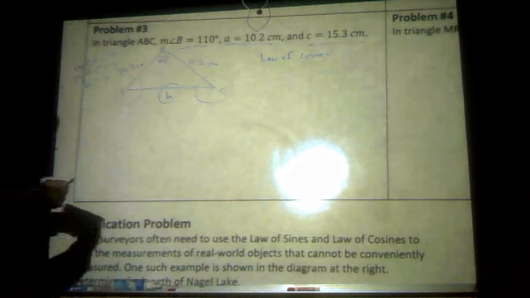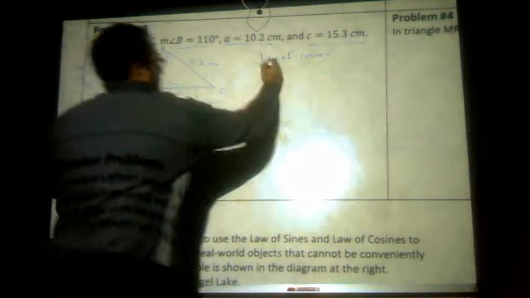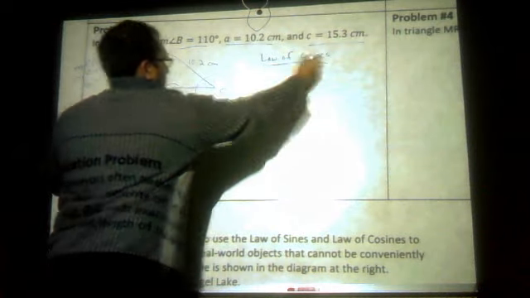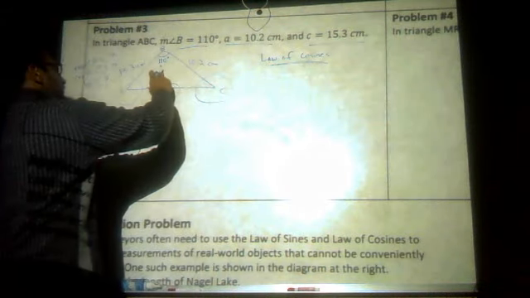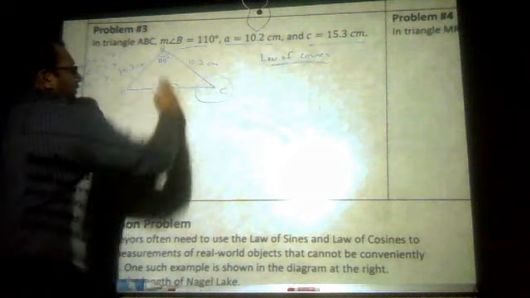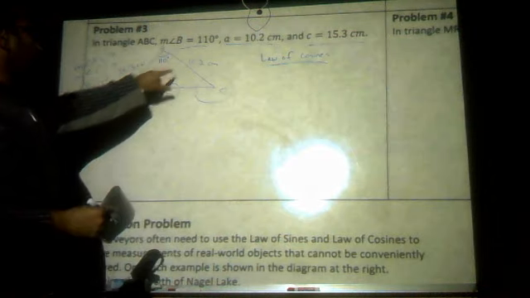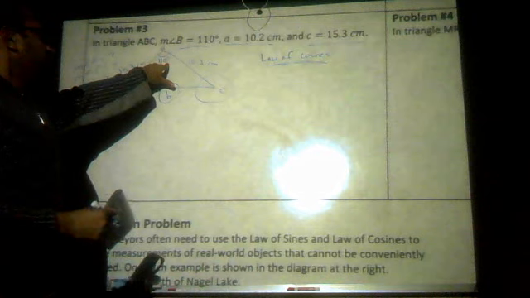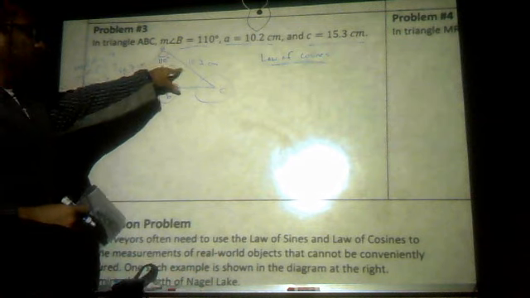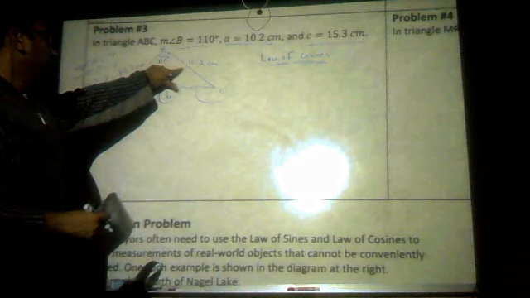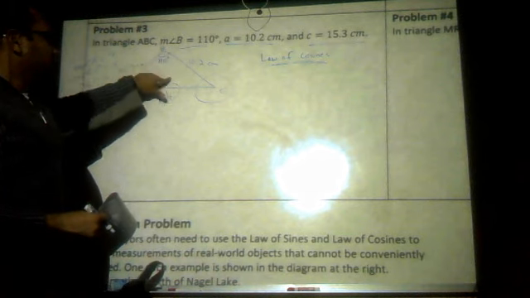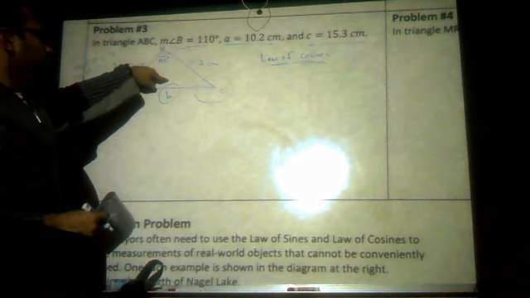So, law of cosines is what we're going to use first. What do we know? Or what are we looking for? Let's just say that we know these two sides and we have this angle B. If we know the side A and we know the side C, what side do we have left that we don't know? We don't know B.